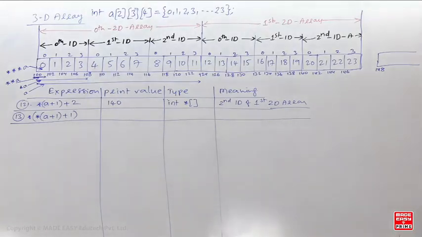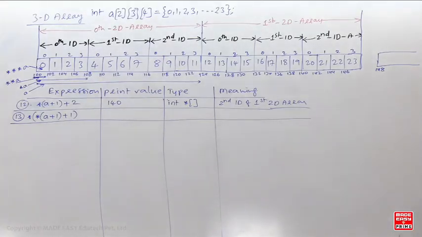Aniket, how many brackets are you writing? Int star double braces, what is that? Carefully you type. Pavan Kumar, wrong answer. Somebody is saying first element, somebody is saying 132.